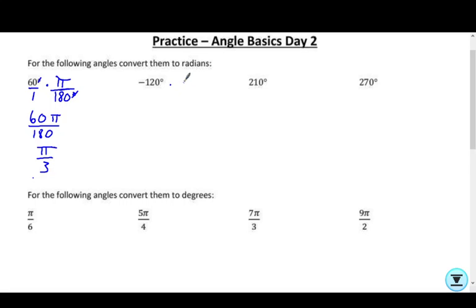So again, we're going to multiply this by pi over 180 degrees. You get negative 120 pi over 180. And when you reduce down, you get negative 2 pi over 3.